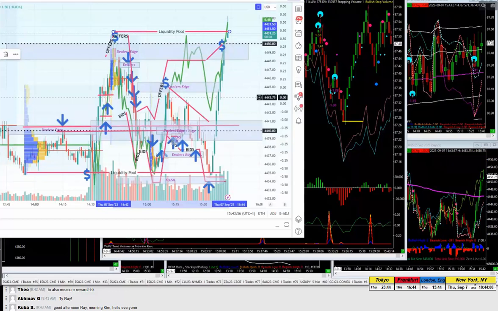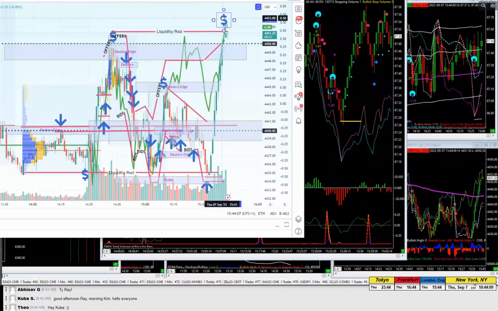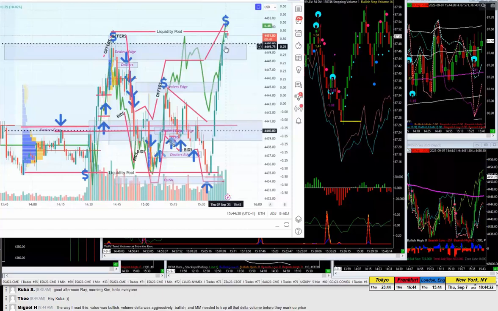If you haven't taken any of your money out yet, a nice place to bag some money when you get a liquidity pool to bag into. You can see the surge of volume coming into that liquidity pool. So if you're still looking to get some money out, that's a nice place to get some money out. So we've taken profits, you've taken profits. Very sweet, guys. Beautiful. Well done, anybody that saw it, dealt it.